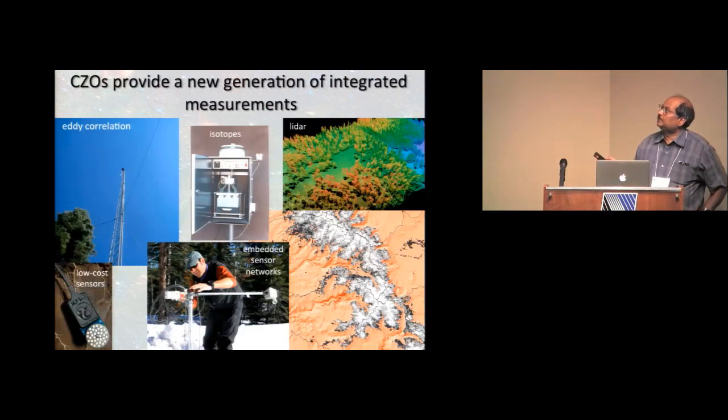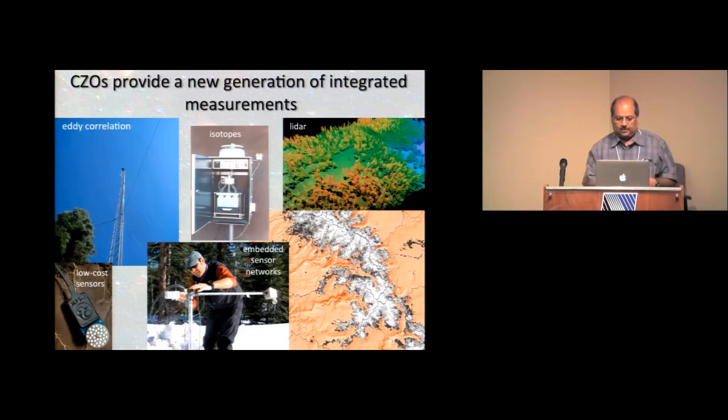So the critical zone observatories provide a lot of innovation in measurement, in instrumentation, and also a richness of data heterogeneity, which needs to be brought together to put together a story, to put together an understanding, to transform the way we have understood our landscapes and dynamics.